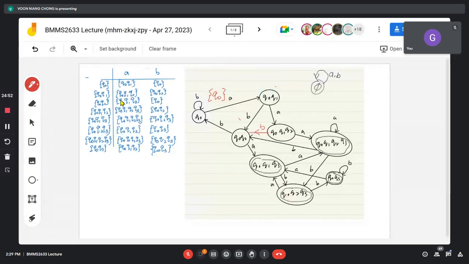Okay, 0, 1, 2, 3, 0, 2, 3. This is 0, 1, 2, 3, right? Input B goes to 0, 2, 3. Yeah, this one. This is extra already. Then 0, 3 goes to 0, 1, 3. This is A, and 0, 3 B.